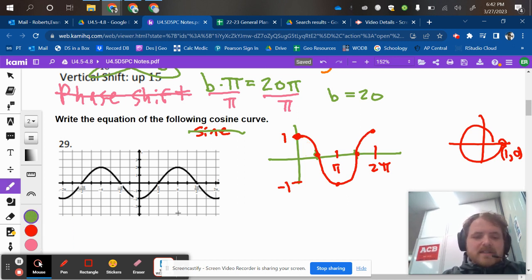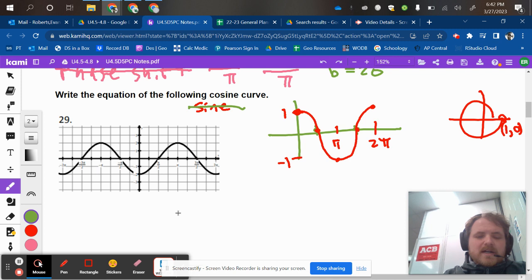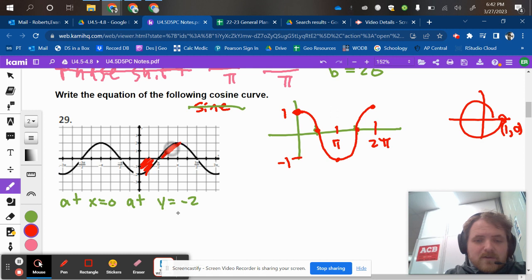So you're probably looking at this and you're like, why am I down there at -2? So I'm just going to make some observations down there. I'm at x equals 0, I'm at y equals -2. So that's interesting. And as I look at the graph, it looks like we've got a half valley, full hill, and a half valley right there.